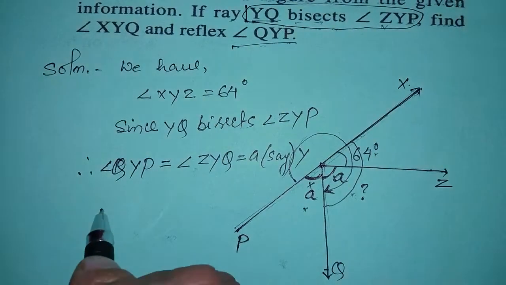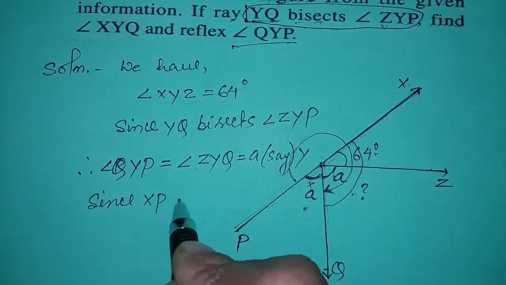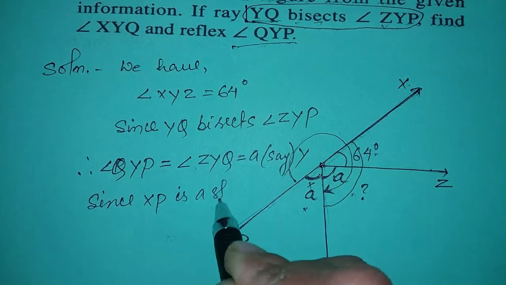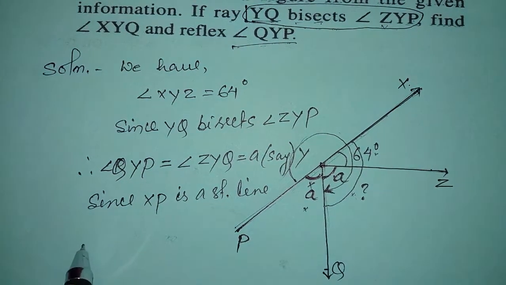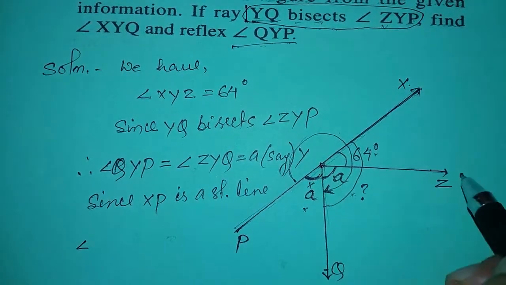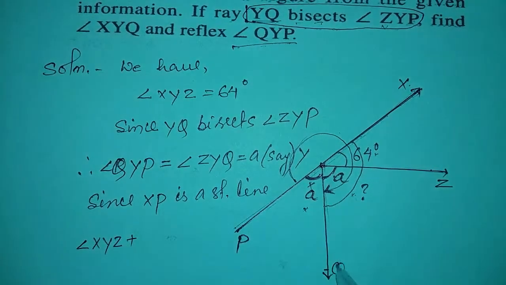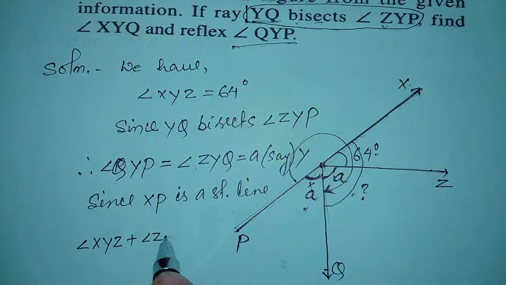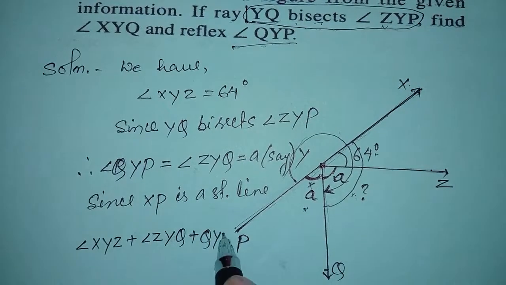So since XP is a straight line, angle XYZ plus angle ZYQ plus angle QYP will be equal to 180 degree.